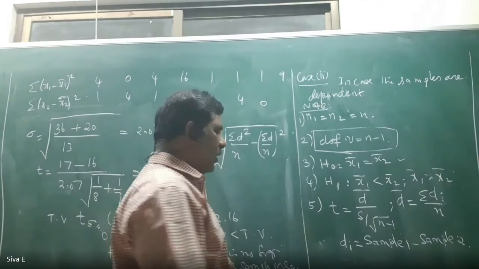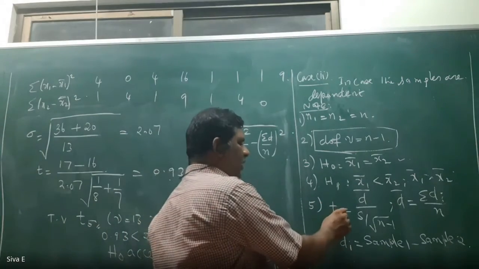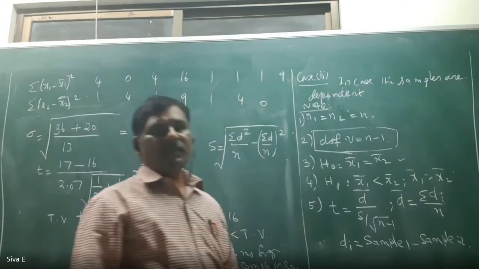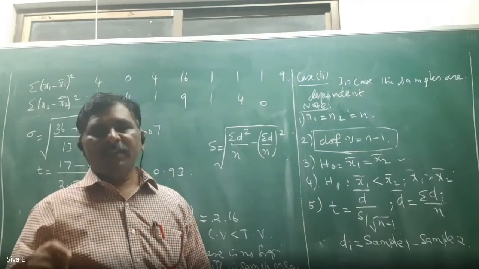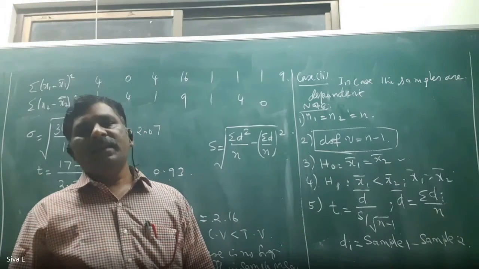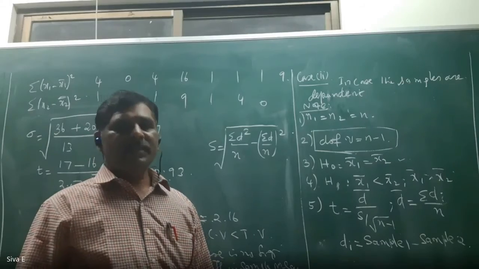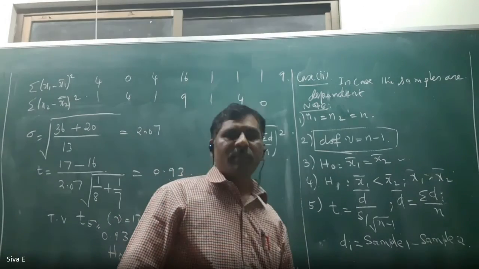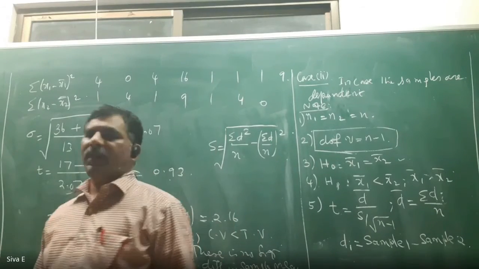Then fifth one, test statistic T equal to d bar divided by s by root of n minus 1, where d means difference between samples. That is, if you are finding the difference between sample 1 and sample 2, that is the D value.